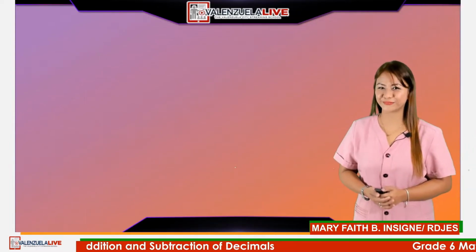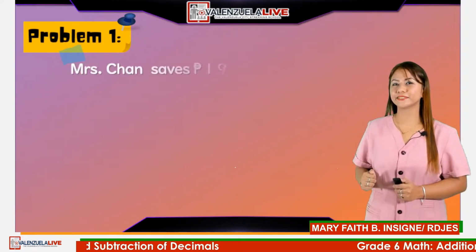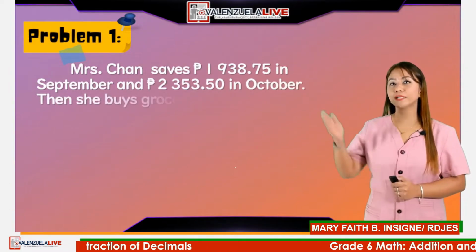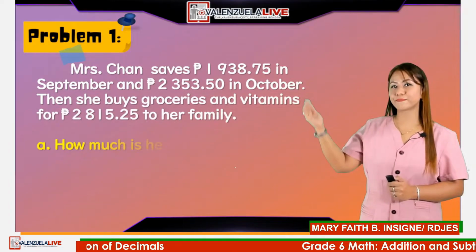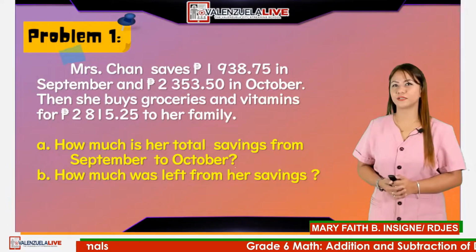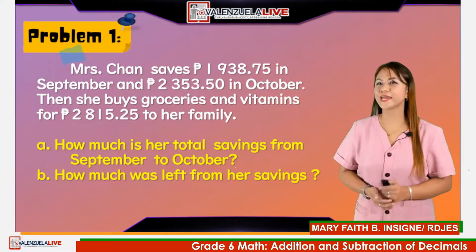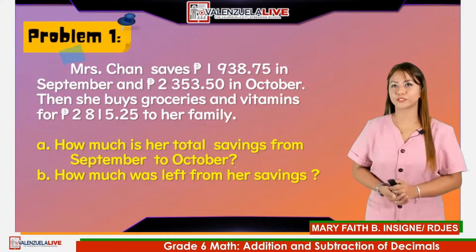For problem number 1, Mrs. Chan saves 1,938 pesos and 75 centavos in September, and 2,353 pesos and 50 centavos in October.